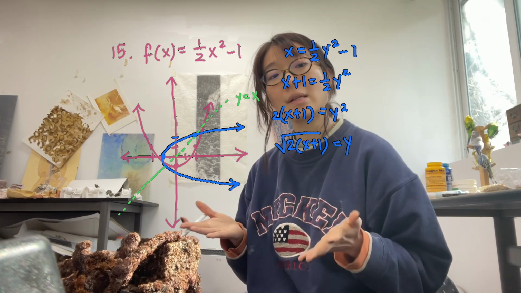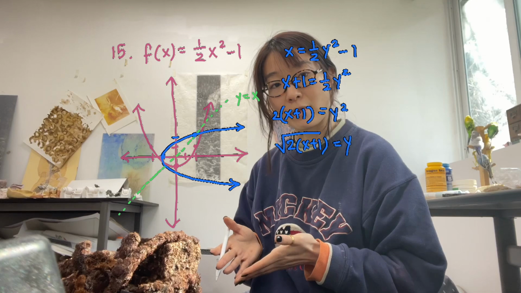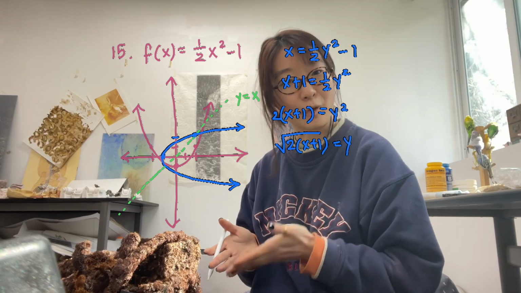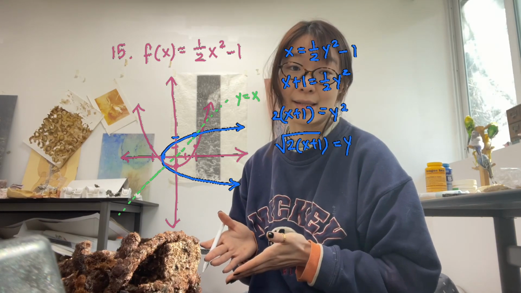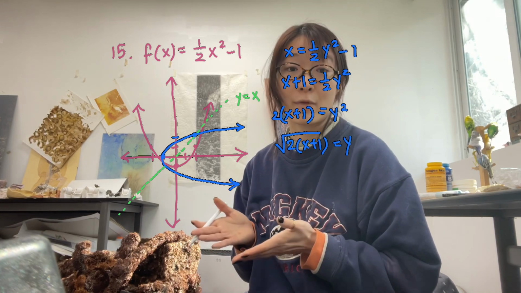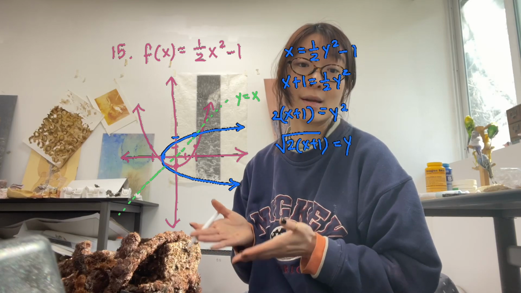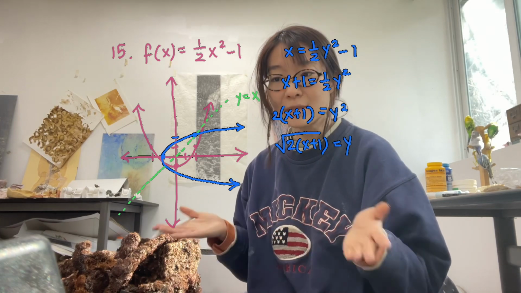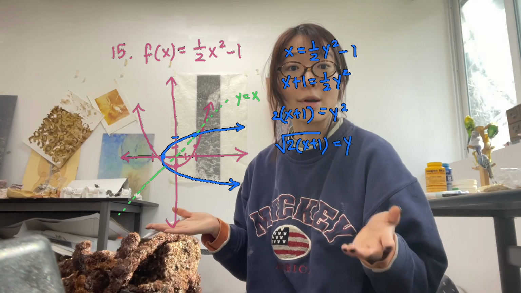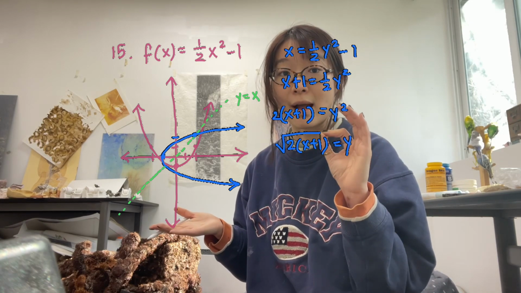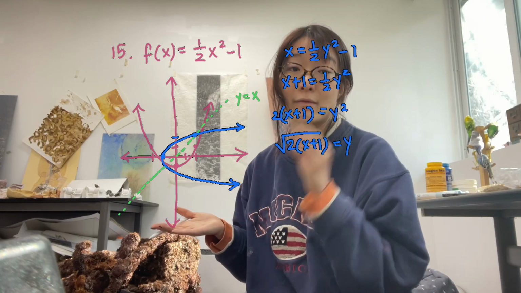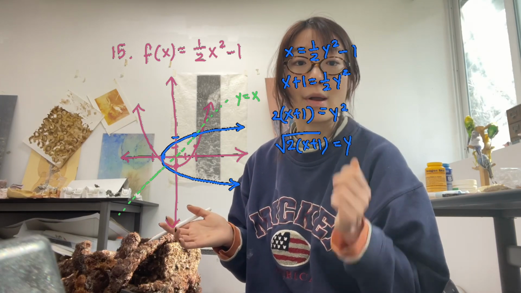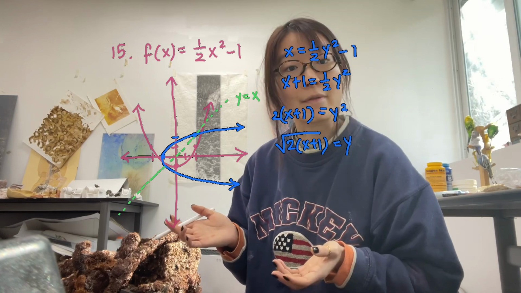Okay, but here's a little question. Taking a look at the inverse function, can this graph pass the vertical line test? Remember, the vertical line test is a way for us to verify if a relation is a function by simply drawing multiple vertical lines through the graph, and we have to make sure that only one point on the graph intersects per vertical line, because in order for us to have a function, we have to make sure that every input comes with a distinctive output.